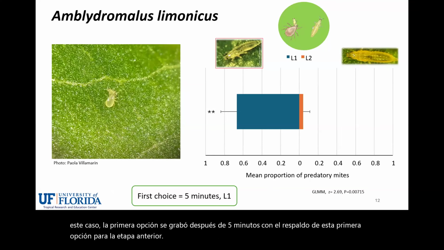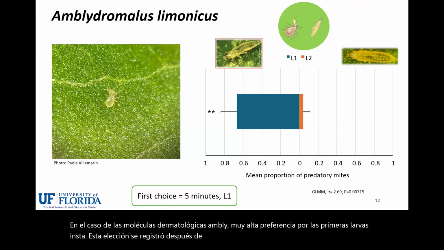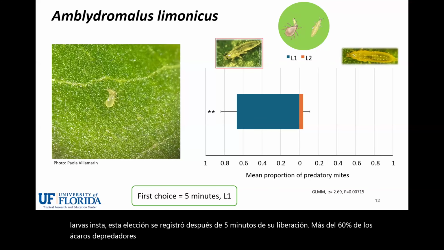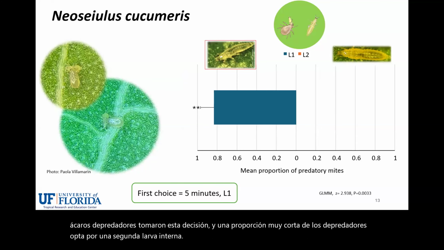In the case of Amblydromalus limonicus, very high preference for first instar larvae. This choice was recorded after 5 minutes of the release. More than 60% of the predatory mites made this choice, and a very short proportion of the predators make a choice for second instar larvae. In the case of Neoseiulus cucumeris, complete preference for first instar larvae.